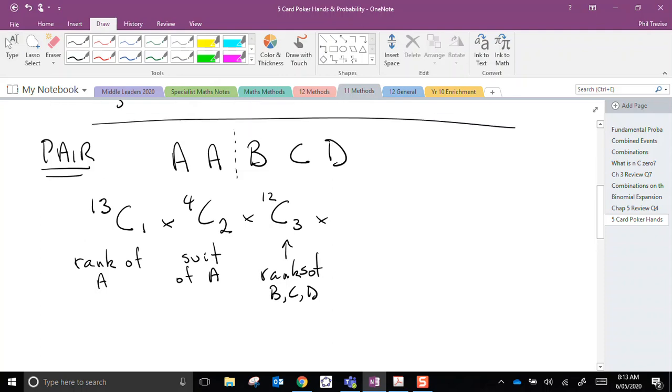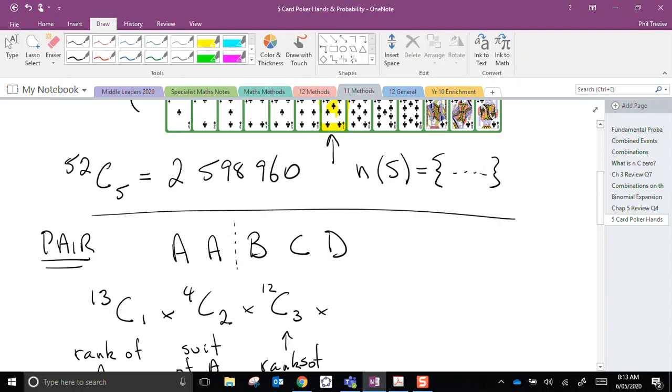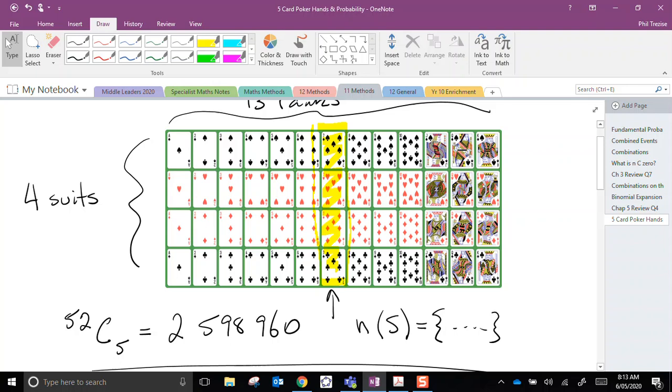Now, when it comes to, say, card B, perhaps card B is going to be of rank 4. Now, how many 4s are there? Well, there are 4 cards in that rank, and I only need to pick one of them.